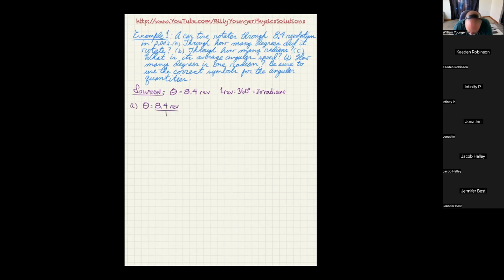This is like a unit conversion, so it's convenient for us to remember that the 8.4 is acting like a numerator, and I need to multiply it by a fraction that represents the value 1, and the value 1 has to be represented in such a way that the unit we have, the revolution, cancels out with a revolution. Therefore, the revolution must be in the bottom, so I'll put 1 revolution in the bottom, and you can see automatically how that's going to cancel out with that.